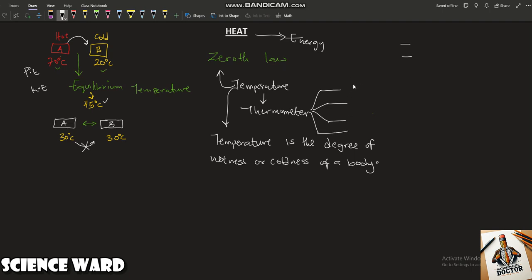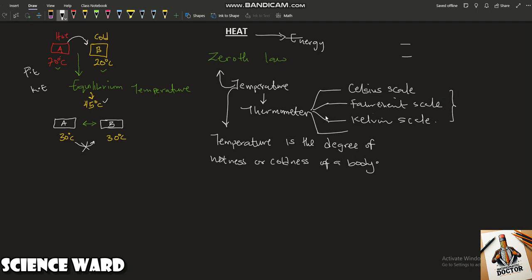We have the Celsius scale, we have the Fahrenheit scale, we have the Kelvin scale. Now these are the three common scales.